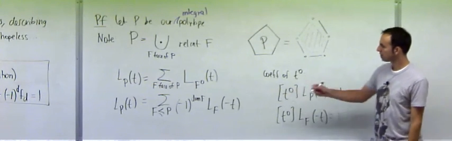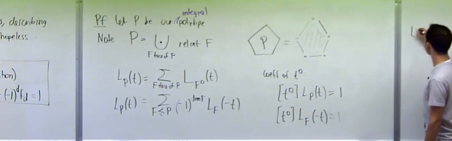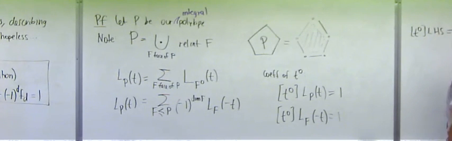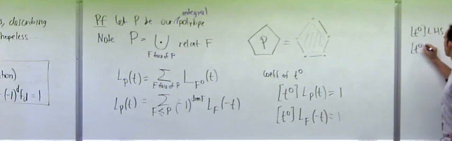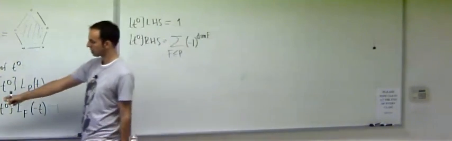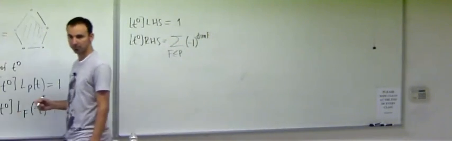So then the coefficient of t to the 0 in the left-hand side is 1. And the coefficient of t to the 0 in the right-hand side is what? It's the summation over F less than or equal to P of (-1) to the dimension of F times the independent coefficient in this thing, which is 1.